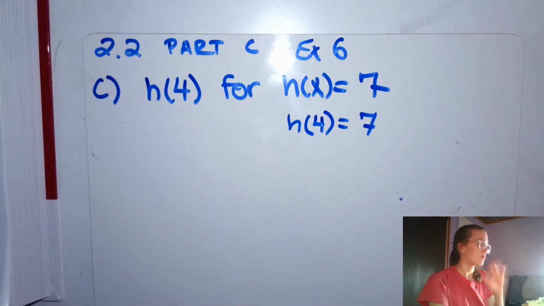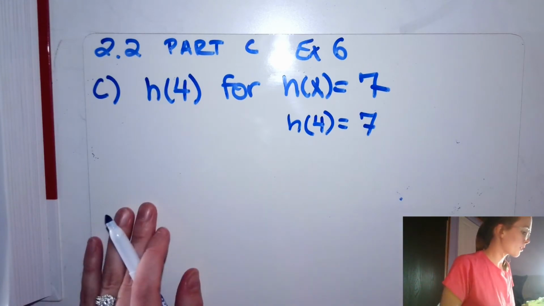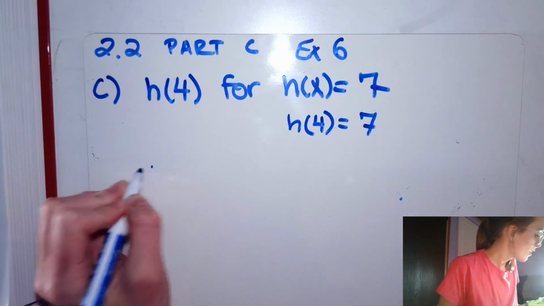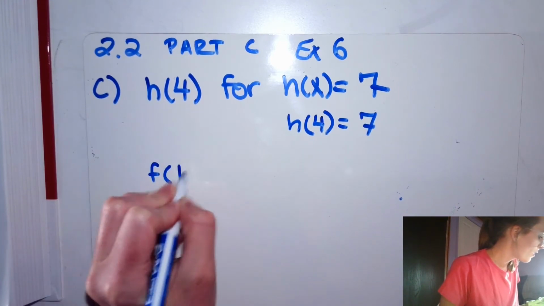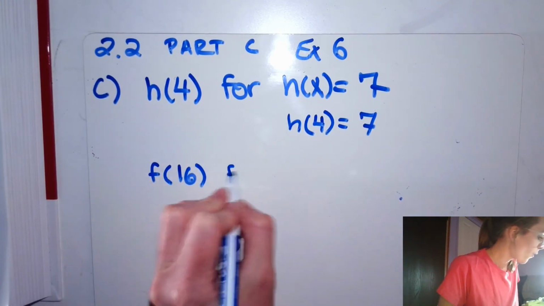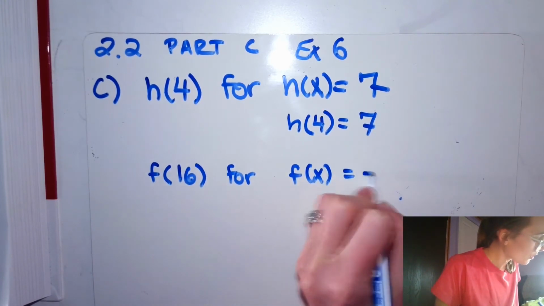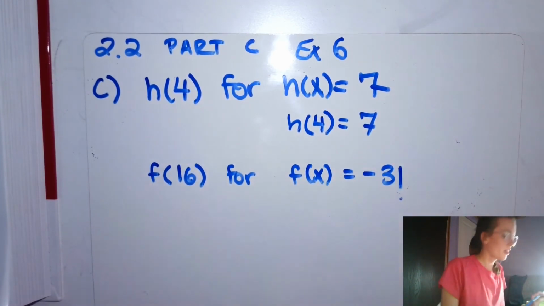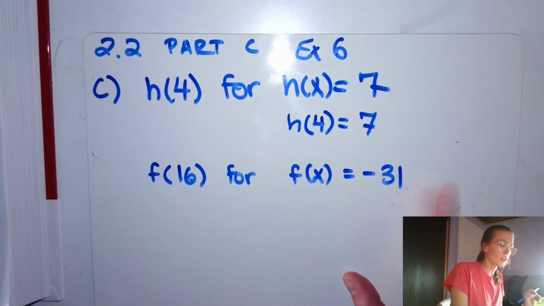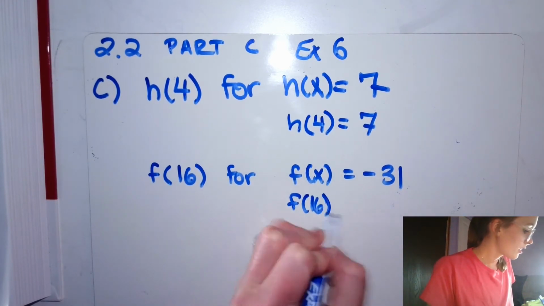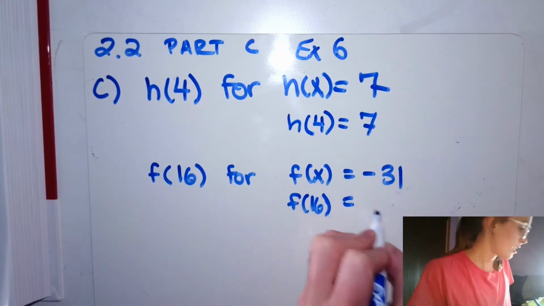Here's another example similar to part C. Say find f of 16 for f of x equals negative 31. Note, again, there's no x here. There's nothing to multiply this negative 31 by, nothing to add. So you just have f of 16 equals negative 31.